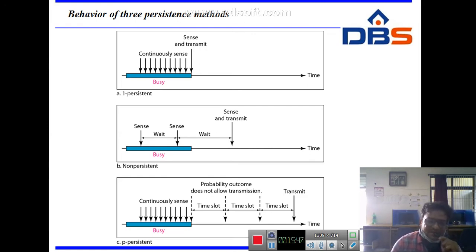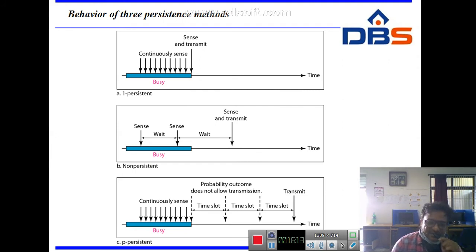In the non-persistent method, when the station senses and finds the channel busy, it waits a random amount of time and senses again. Whenever it finds the channel idle, only then does it transmit the data.